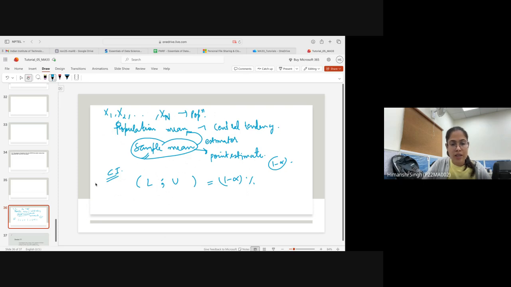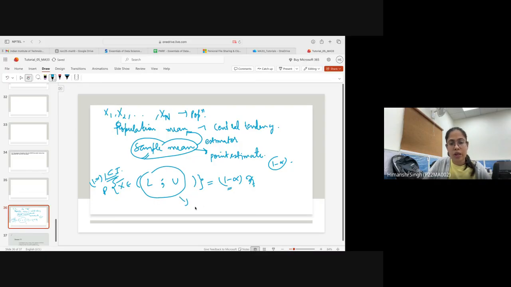So we call it a 1 minus alpha percent confidence interval. The probability that our sample mean x bar belongs to this confidence interval is 1 minus alpha.